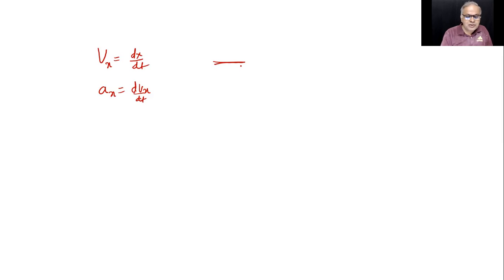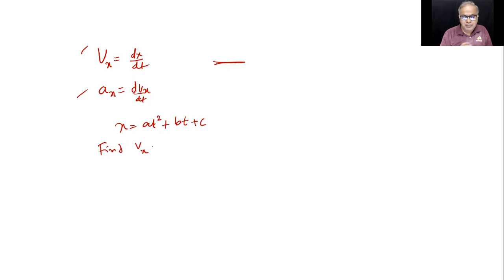All right. So we require differentiation for knowing this. What do you mean by differentiation? You know, say x equals, for example, at square plus bt plus c. Find vx. If somebody asks you to find the instantaneous velocity. What is instantaneous velocity?